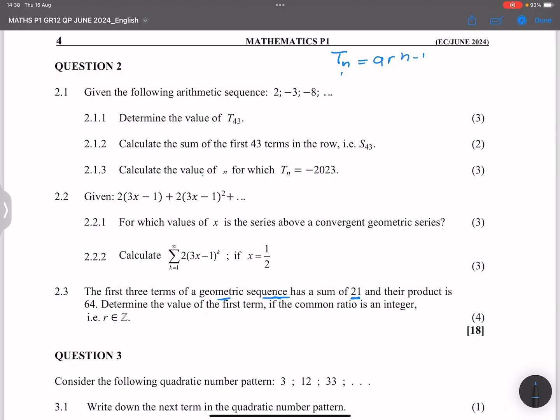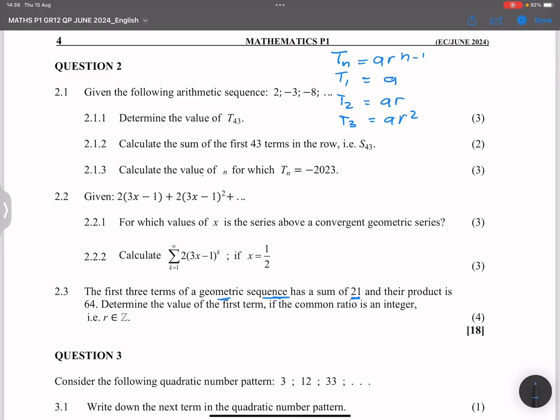If I've got T1, my first term, that will be a r to the power n minus 1, n would be 1, so 1 minus 1 would be 0, and anything to the power 0 gives us 1, so that will be a.